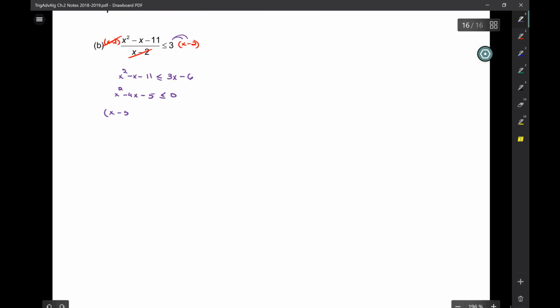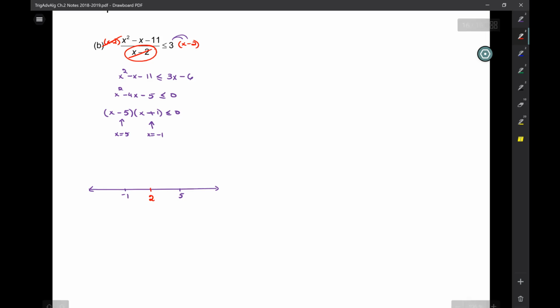When I factor, it's x minus 5, x plus 1. Okay. From here, I get that x equals 5 and negative 1. So those are definitely going to go on my number line, negative 1 and 5. Let's not forget that from the denominator, I also have to put in x equals 2.